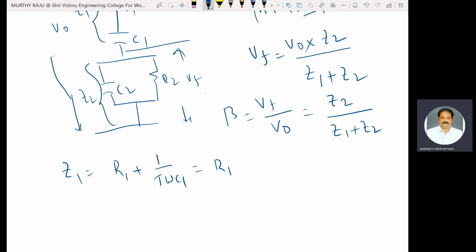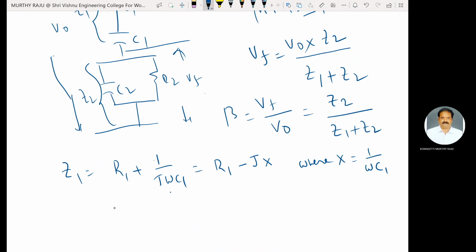That is equal to R1 minus jX, where X is equal to 1 by omega C1. Here R1 plus 1 by jX, where 1 by omega C1 is equal to X.